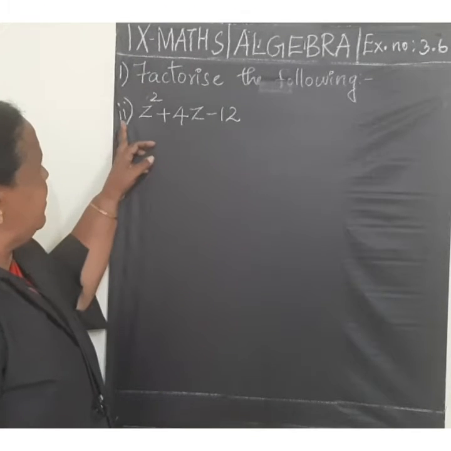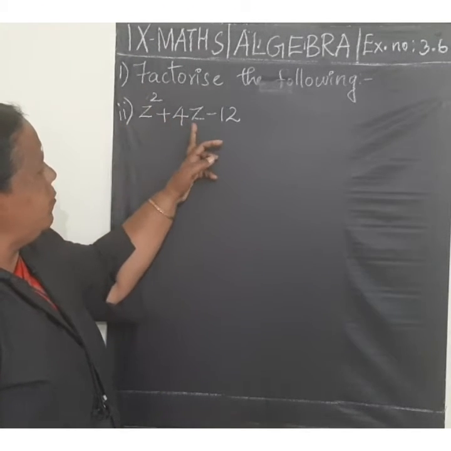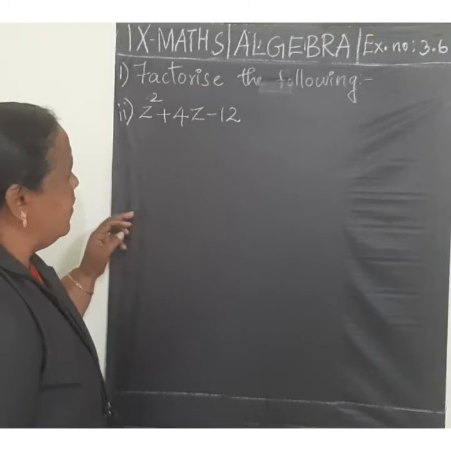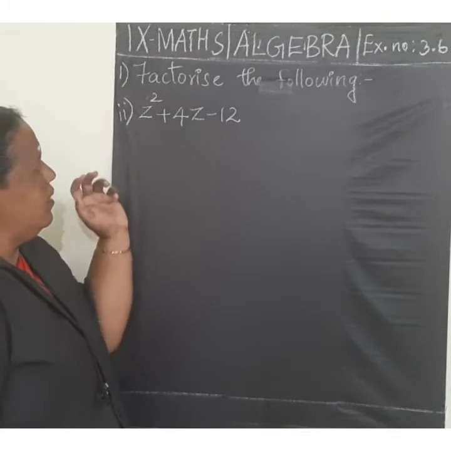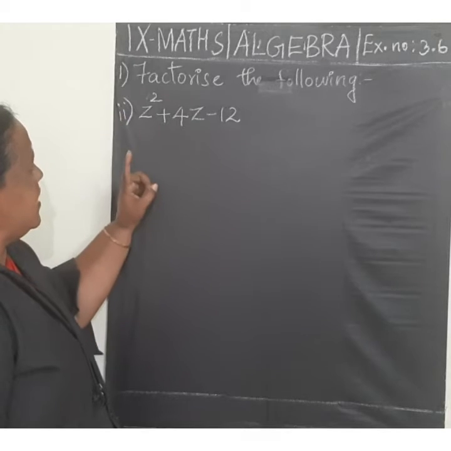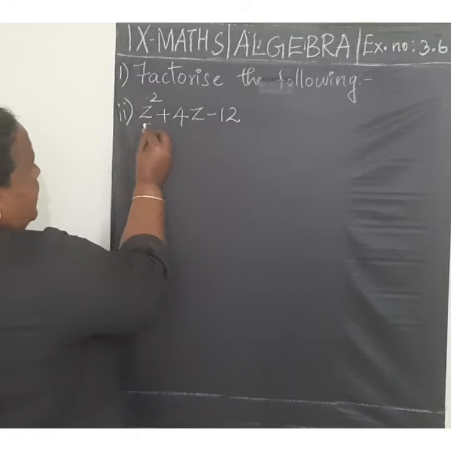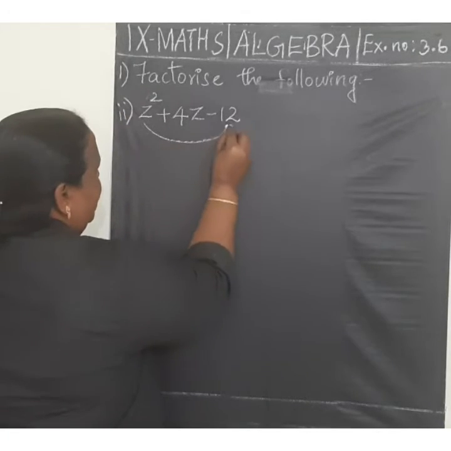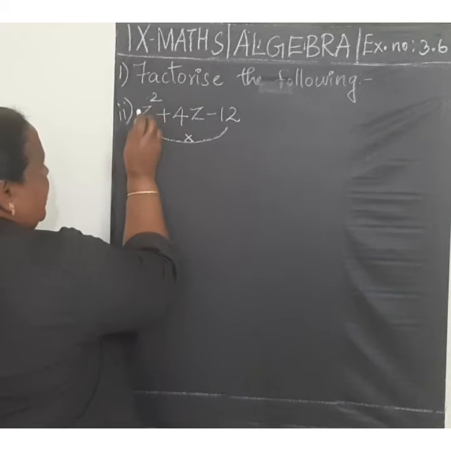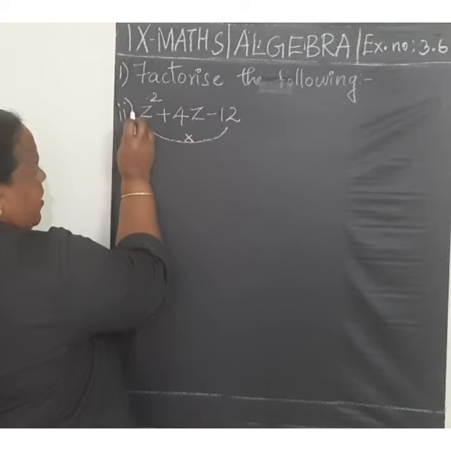Next, second subdivision, z squared plus 4z minus 12. How do we factorize this? First step, we multiply the coefficient of z squared and the constant term. Here, no number is given before z squared, so we consider it as 1.